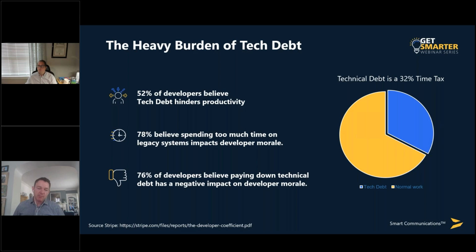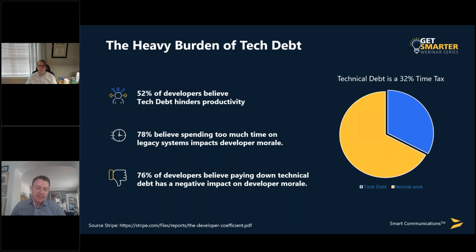52% of developers believe that it's hindering productivity within our IT departments. There's often a hesitancy in wanting to get involved in custom solutions. If you saw on the previous slide, these have evolved over time, and they're often undocumented. The guy that built the technology maybe 20 years ago is still the guy that manages it today.